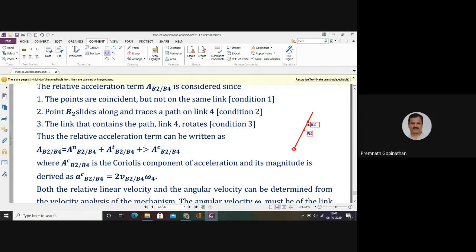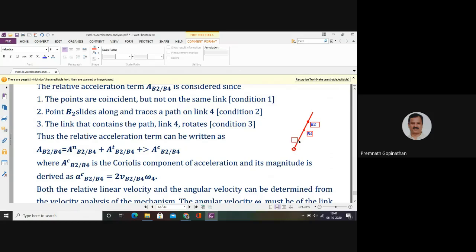That is, B2 is lying over B4, right? Initially, you can imagine like that. After a fraction of a second, you can see B2 has moved up a little bit, and B4 is, I'd say, at its initial position, because B2 is lying on link 4. This is actually link 4. You can consider this as link 4. Okay.